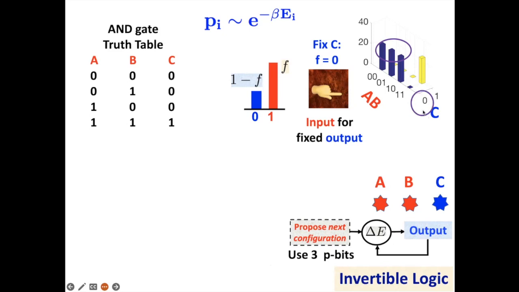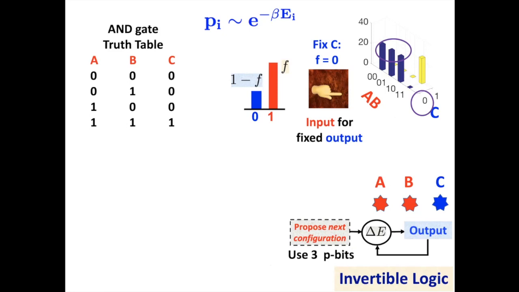Okay, so what I can do is go and fix the C bit to 0. Well, in that case, the overall system will give me all these 3 states, 0 0, 0 1, and 1 0, and it will keep going back and forth between them. So the point is you can get all the possible inputs that are consistent with a fixed output.